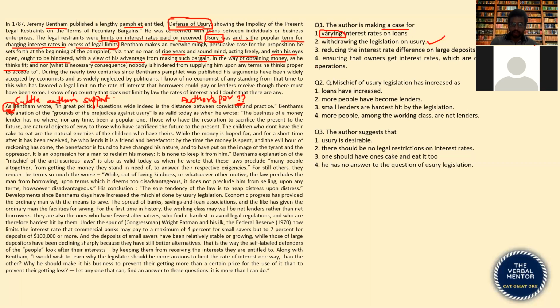The author sounds like a supporter of free market operations. Now between 2 and 4. Option 2 has an important term, legislation. The author talks about law. While option 4 says ensuring that owners get interest rates which are determined by free market operations. It does not directly mention the word legislation or withdrawal of legislation.